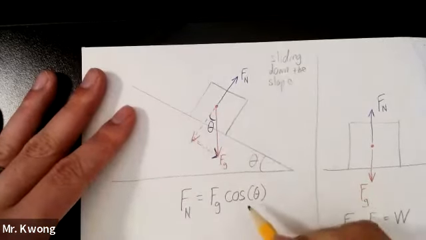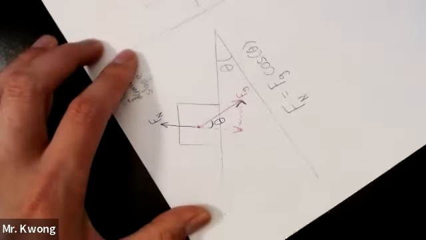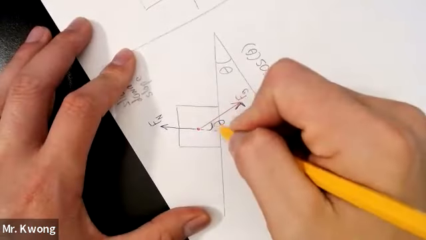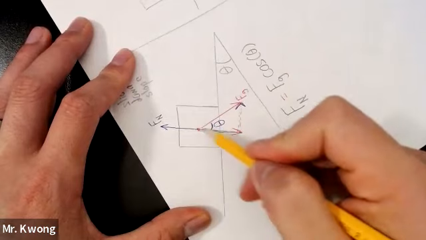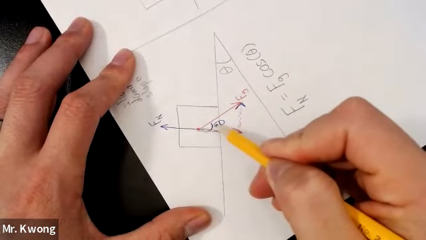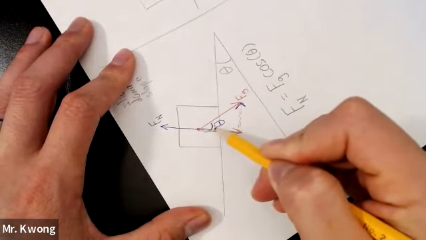So why is it the cosine of theta? If we turn the picture to look like this, and this is our angle theta, we're interested in this portion right here. This side is the adjacent side to the angle, which is why we use cosine.